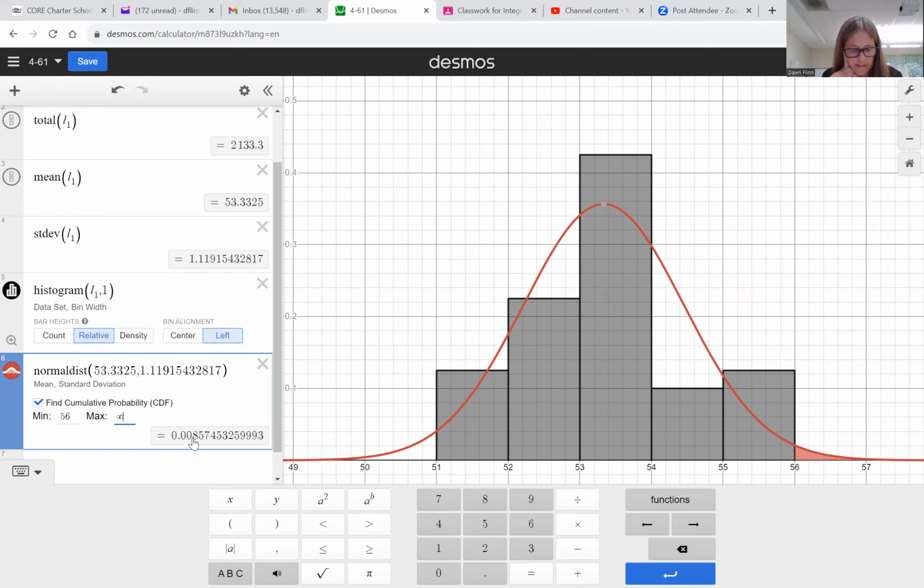Oh, it says how many racers. So I think I have to take that decimal that I got, the 0.00857, that whole number, and multiply it by the number of racers, which is 775. And I get about 7 people. So maybe I should order about 7 hats that are at least size 56.